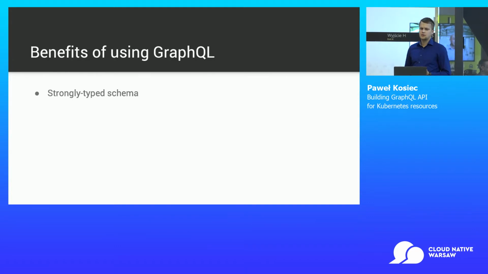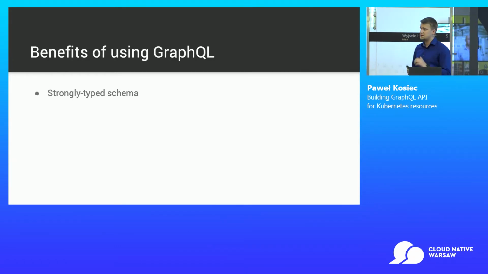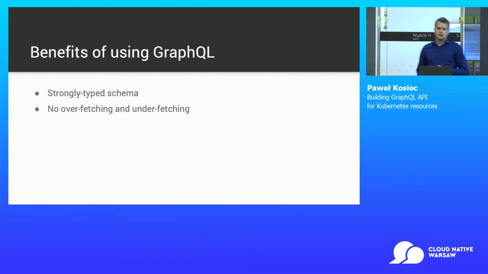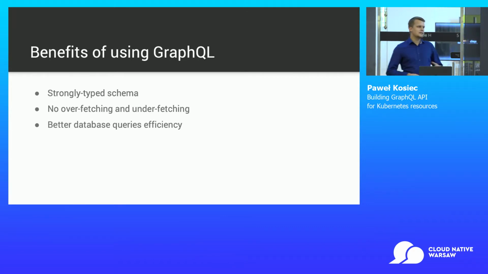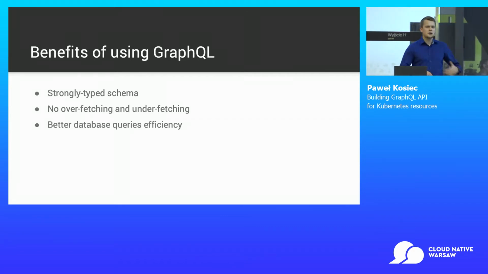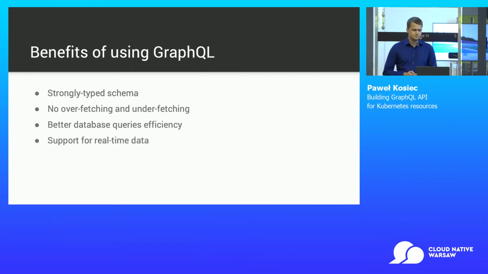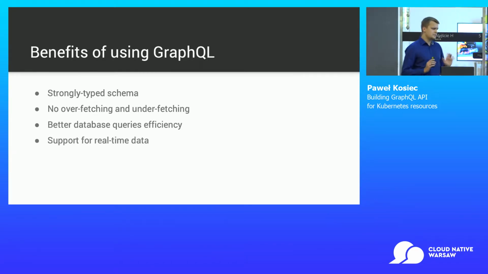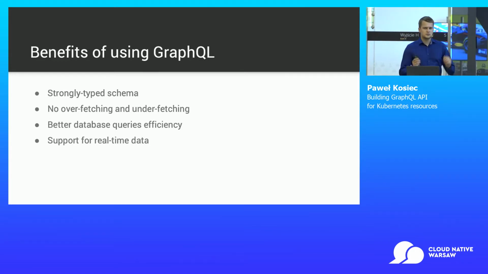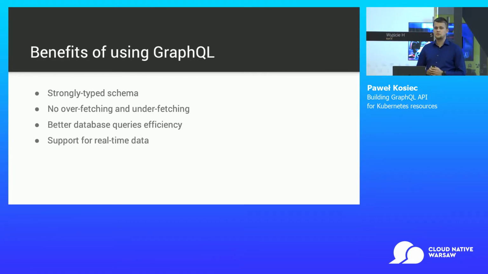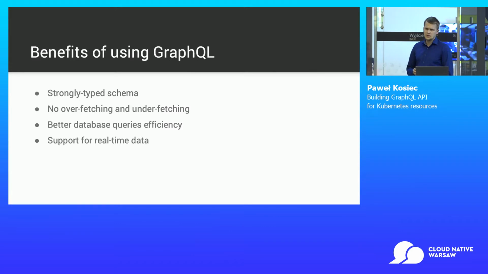So, what are the benefits of GraphQL? First one is that there is a strong type schema. Also, there is no underfetching and overfetching, as I've mentioned before. And we can make our database queries more efficient in GraphQL. Also, it is very easy to spin up support for real-time data.